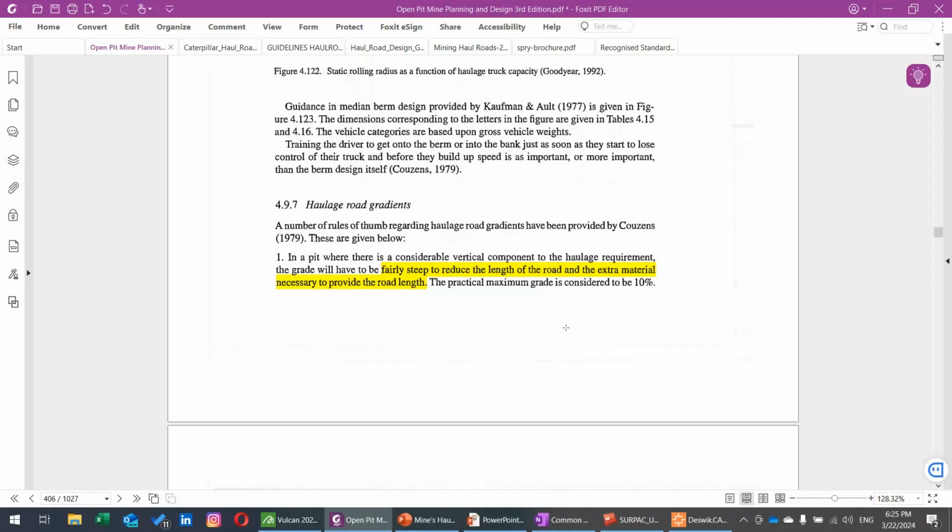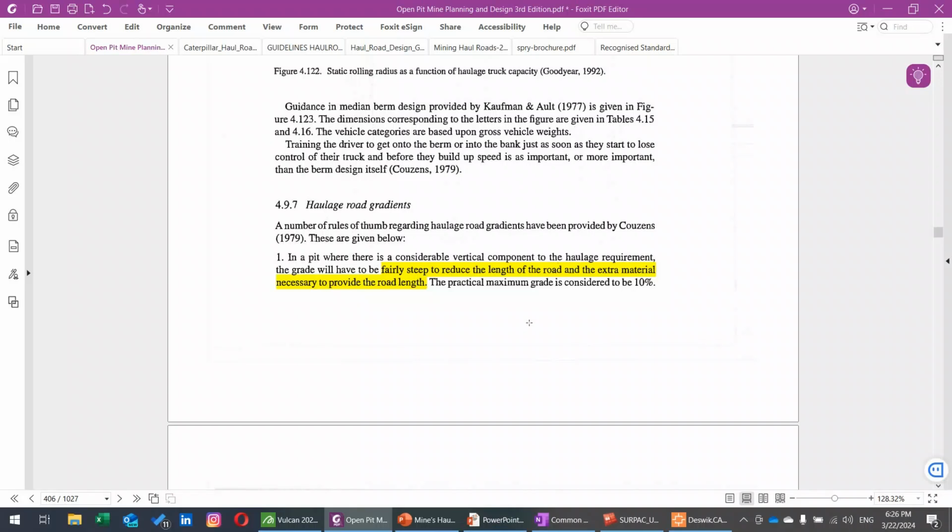It says that the gradient of the haulage road must be fairly steep to reduce the length of the road and the extra material needed to provide the road length. As you know, the length of the haul road, especially when it is passing through the benches of a pit, affects the stripping ratio.